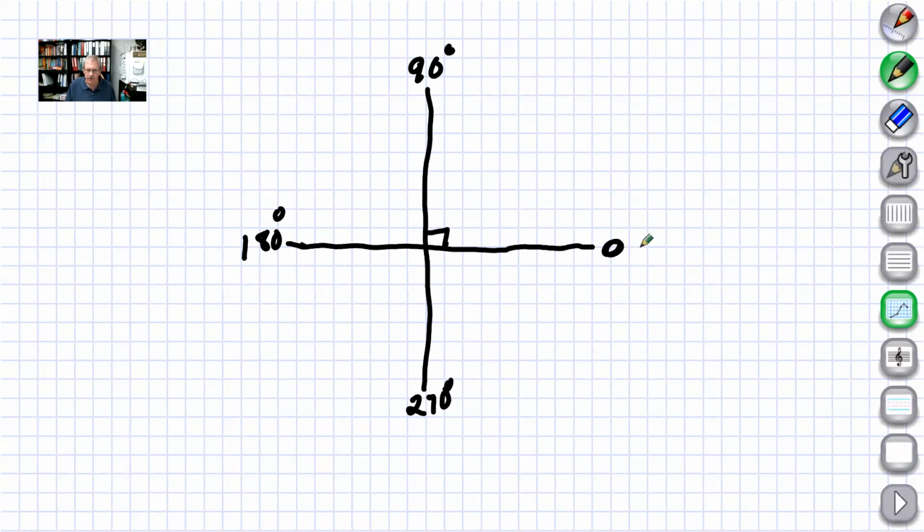So 0 and 360 are really the same angle. Okay, so we're going this direction, counterclockwise around here. So anything in this area is an angle that's acute. An acute angle is an angle that's less than 90 degrees.